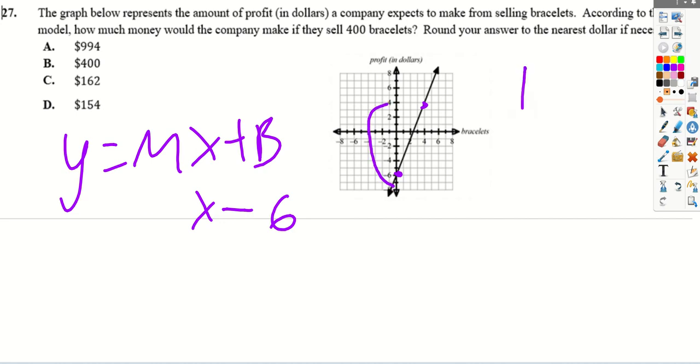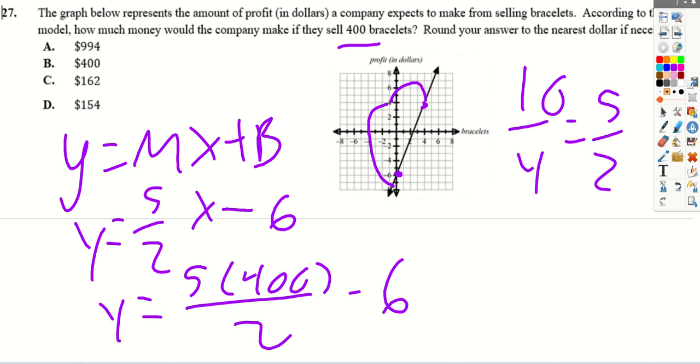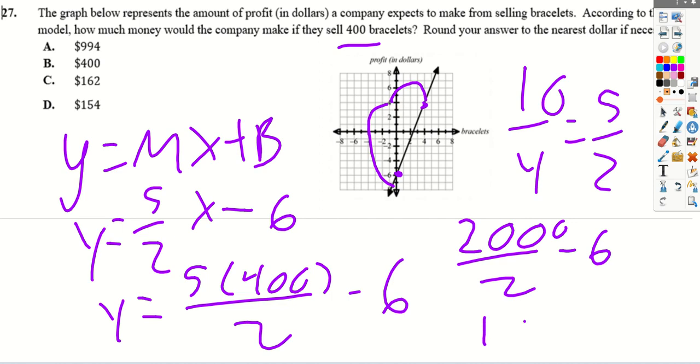But that's up 10 over 4, or 5 over 2. So there is my equation. They want to know when we sell 400. So that means 5 times 400 over 2 minus 6, or 2,000 divided by 2 minus 6, or 1,000 minus 6, or 994.